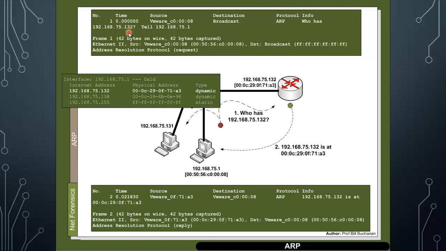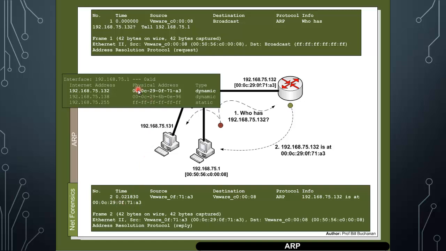It says who's got this IP address, and then what should happen is that the reply comes back, and in this case it's a directed address. Okay, so we can see here 2 physical addresses, so it's not broadcast back, it only goes back to the machine that sent it, and it actually says it's at this address here.